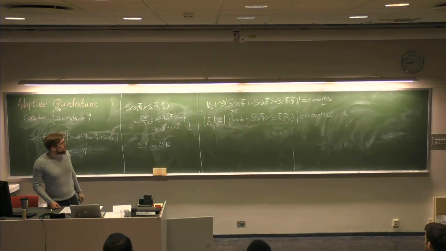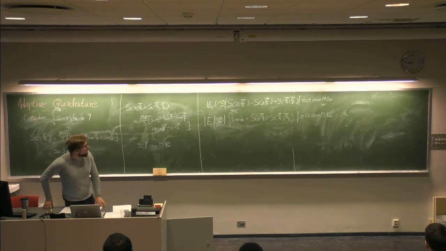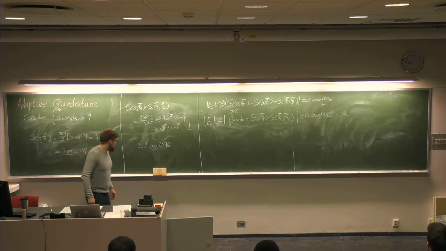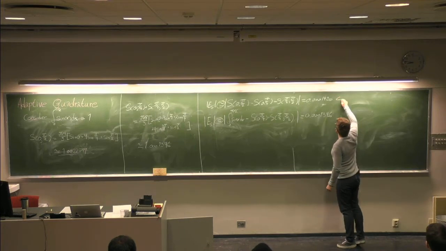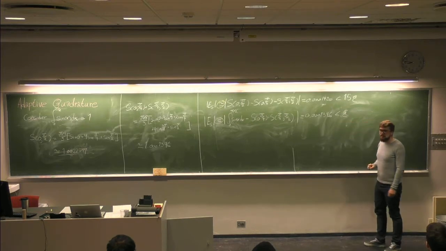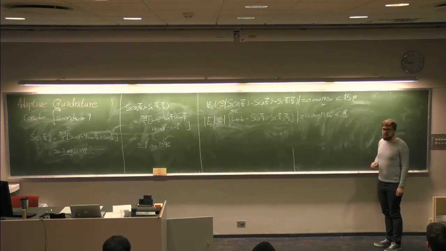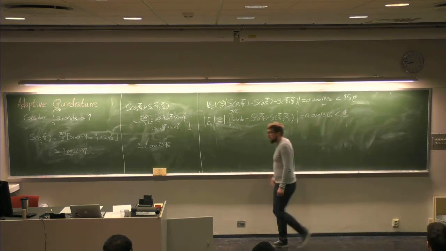And apparently it's a gross underestimation in this case. So this is less than 15 epsilon, then this is less than epsilon. So it depends on your tolerance, though.